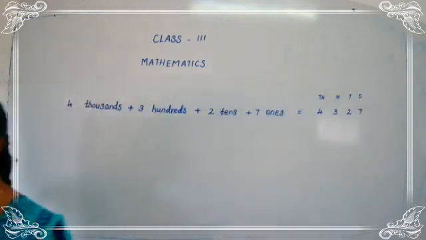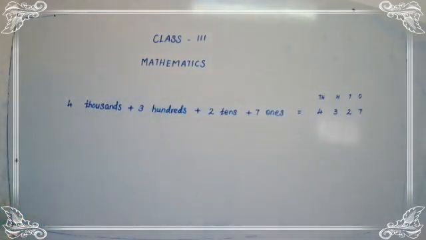So we have to write 4,327. What is this number? 4,327. Then see the second one.